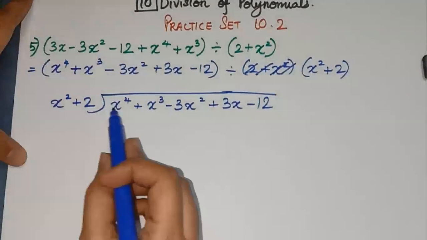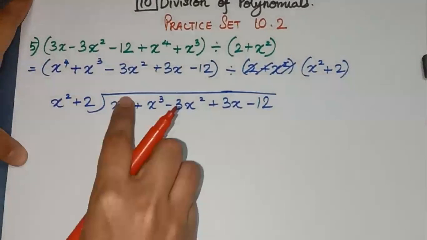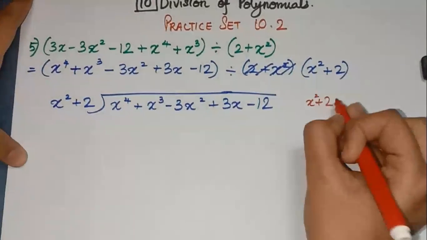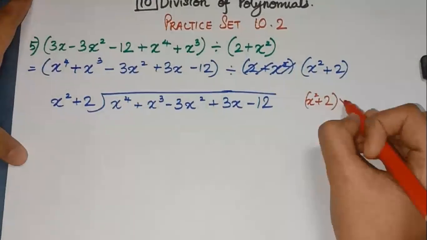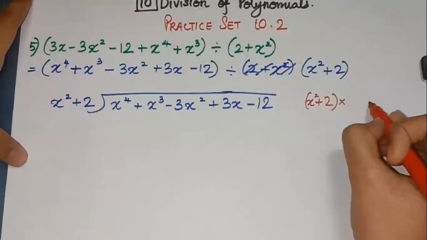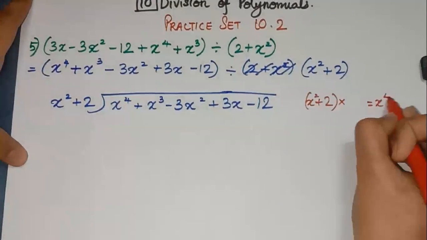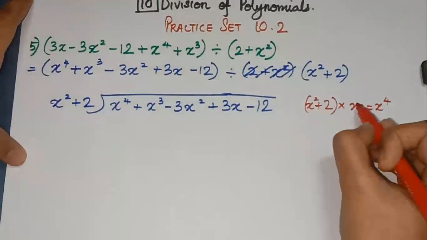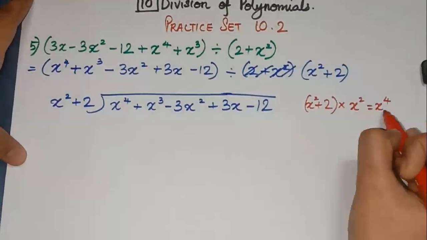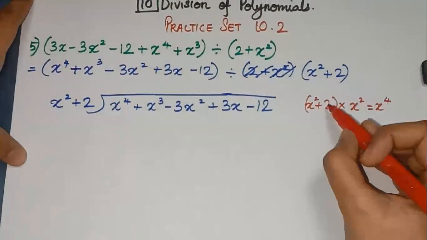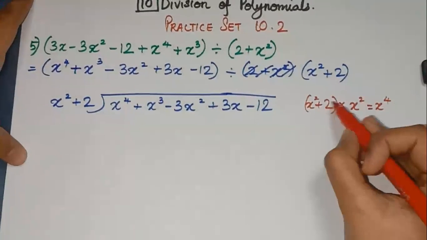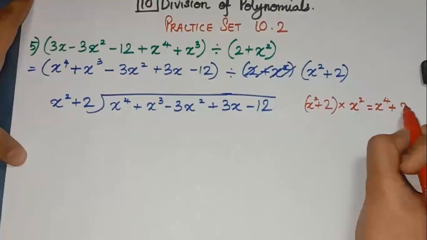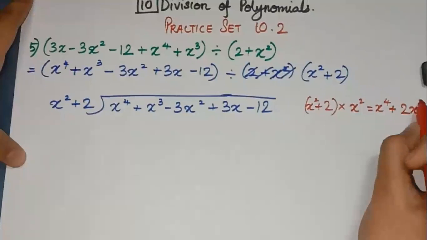So I want now x raised to the power 4. So I have the divisor x square plus 2. x square plus 2 should be multiplied with something, so that I will get x raised to 4. So x square multiplied by x square will give me x raised to 4, right? And this 2, this sign firstly as it is, this 2 multiplied with x square will give me 2x square.